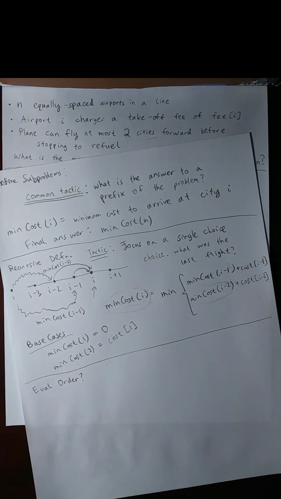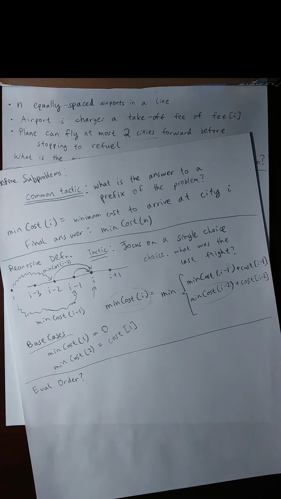So the way to do this is we could either evaluate I going from down upwards, so first evaluate I equals 1, 2, 3, all the way up to n, or we can evaluate starting I equals n, then n minus 1, n minus 2, and so on all the way down to 1.